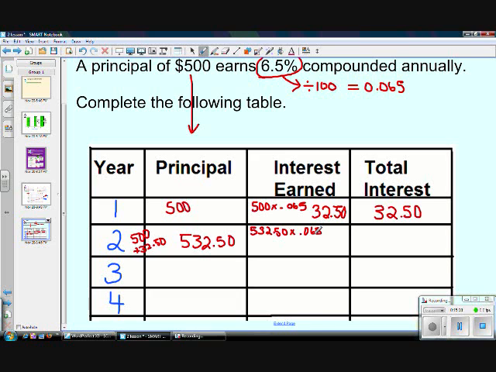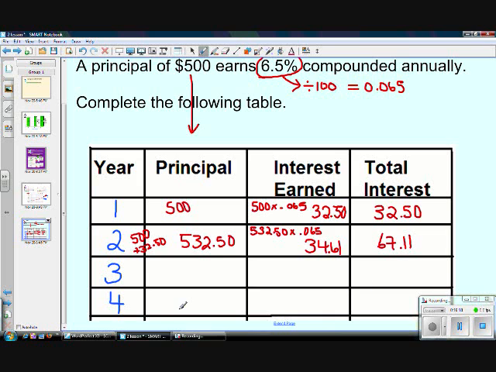So I take that and multiply it, and I end up with $34.61. So now I'm going to take my total interest. I had $32.50 from before. I'm going to now add my $34.61, and we end up with $67.11.